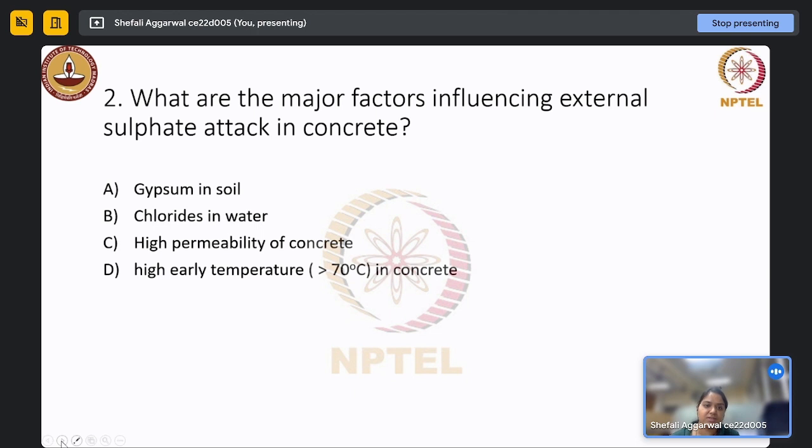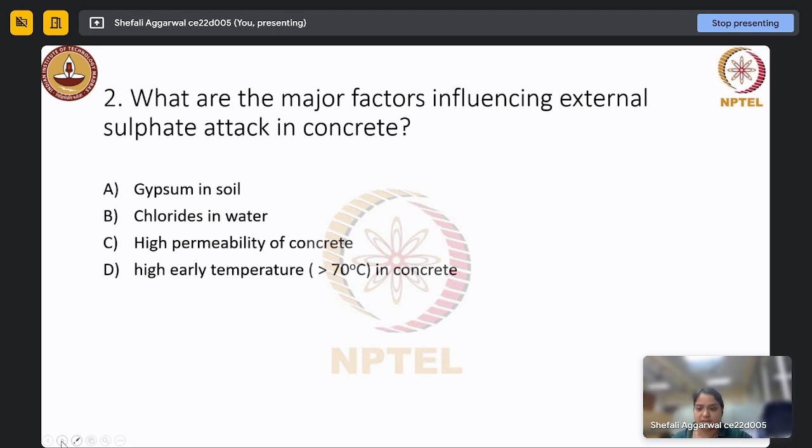What can be the factors because of which external sulfate attack occurs? A and C, ma'am. Gypsum in soil and high permeability of concrete.